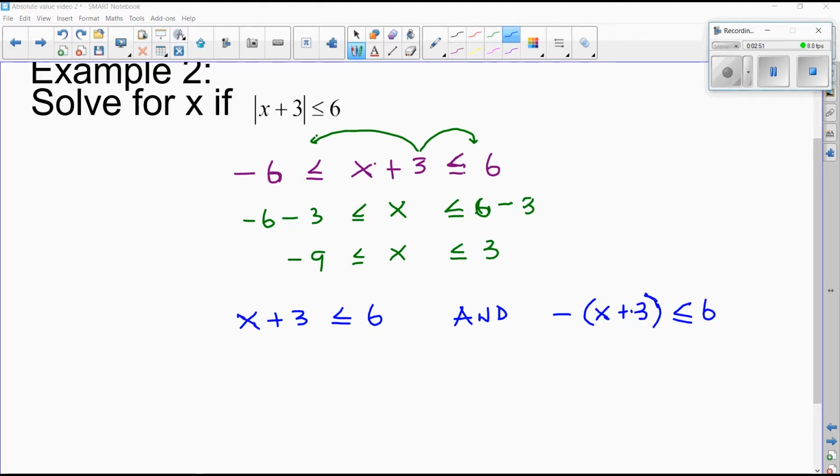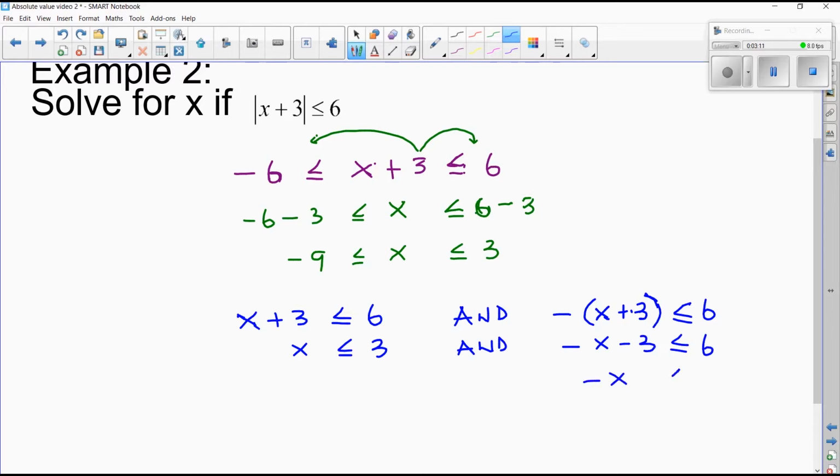So now I'm ready to simplify further. So I have that x must be less than or equal to 3, and if I distribute the negative sign, I have minus x minus 3 must be less than or equal to 6.